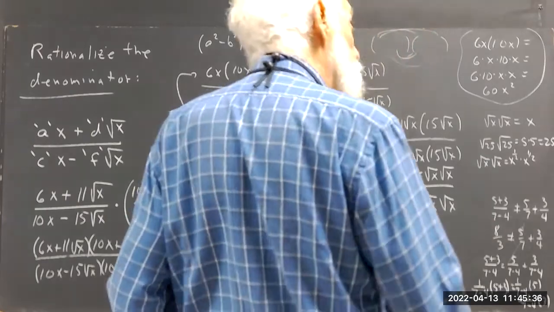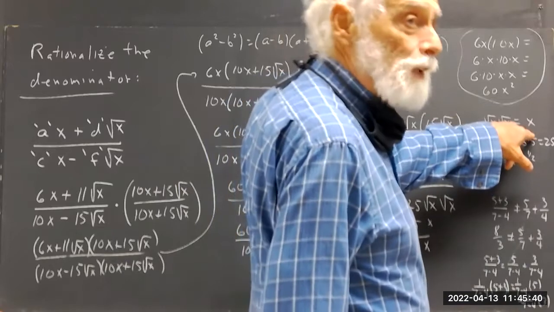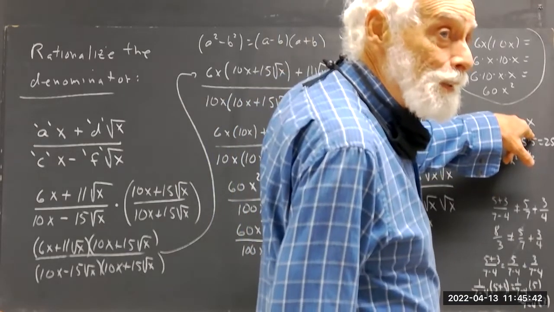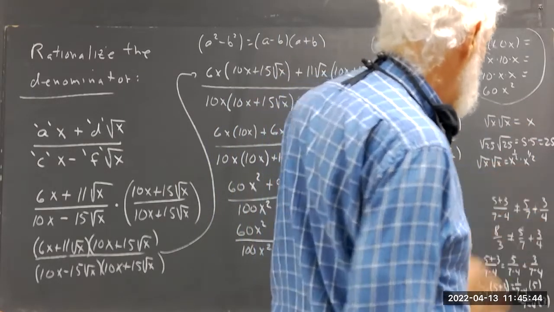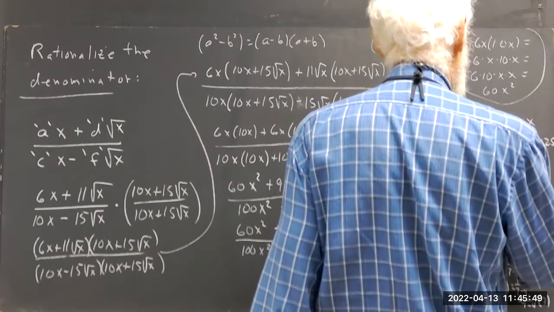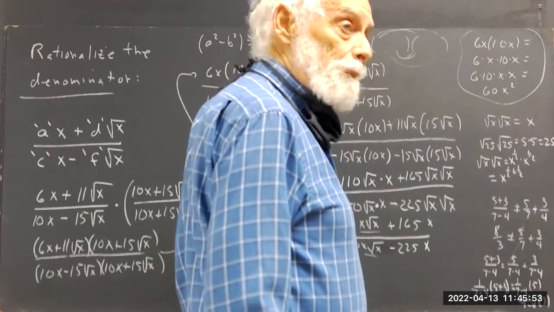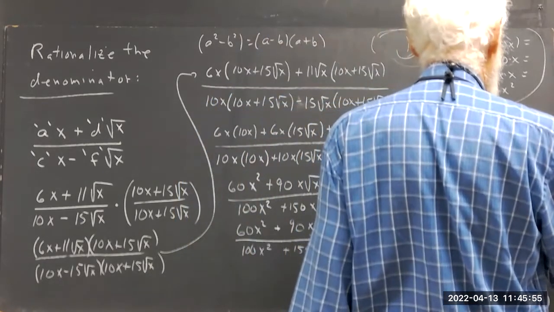Okay, because the square root of x times the square root of x has to equal x, right? Now, if you write it as x to the 1/2 times x to the 1/2, your rules of exponents tell you that this is x to the 1/2 plus 1/2, which is x to the 1.